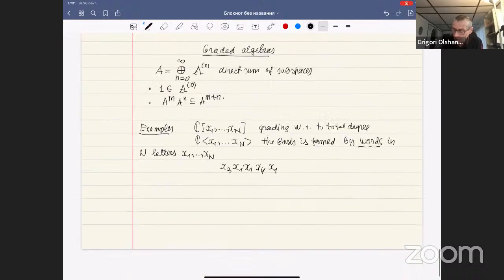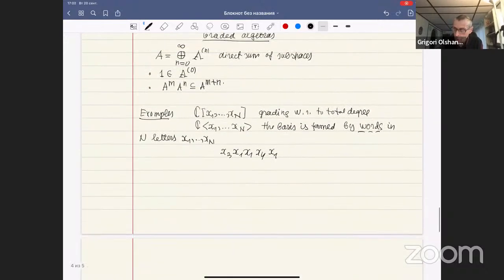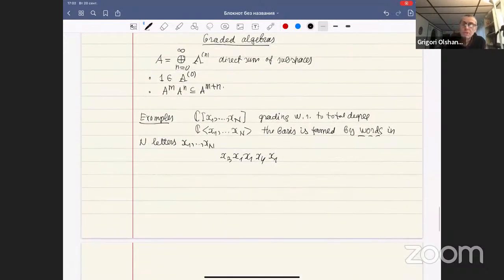Now there is some natural interaction between the filtered algebras and the graded algebras. Of course, graded algebras are a particular case of filtered algebras.